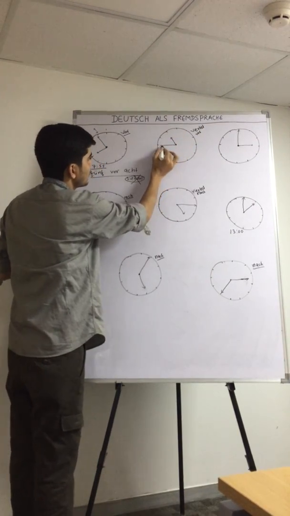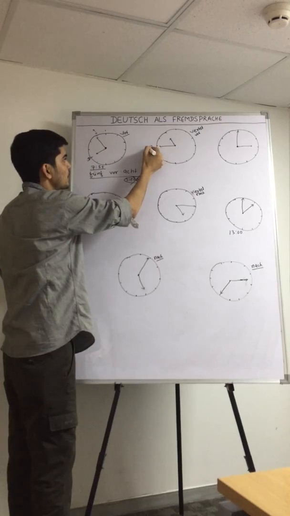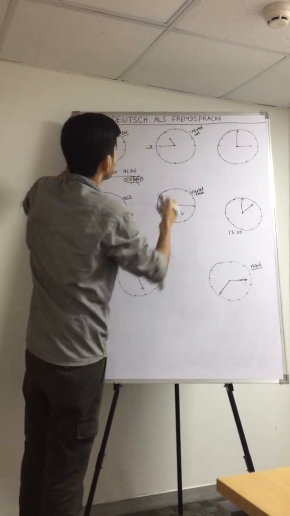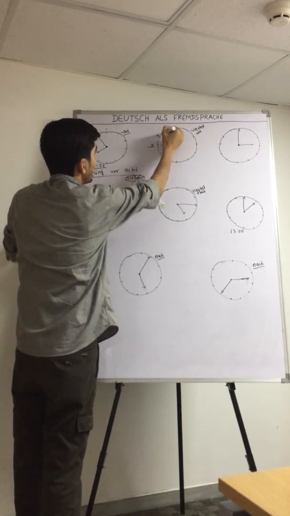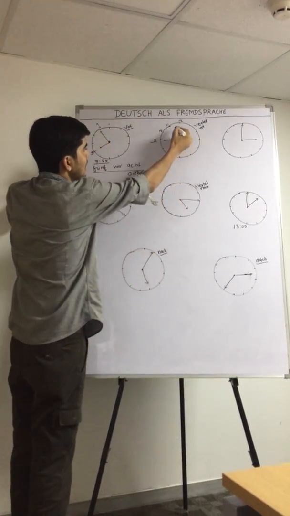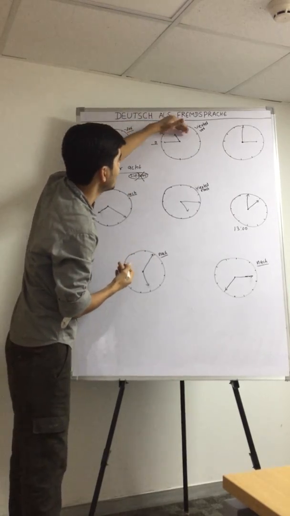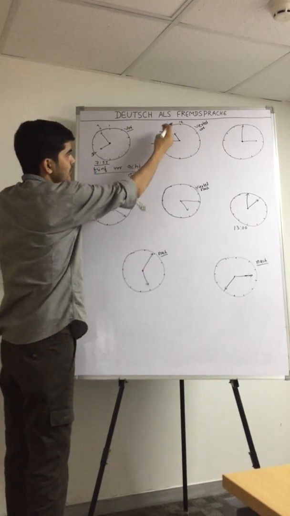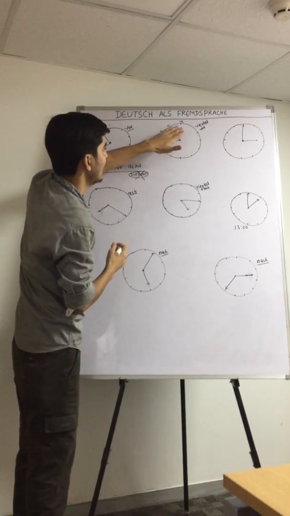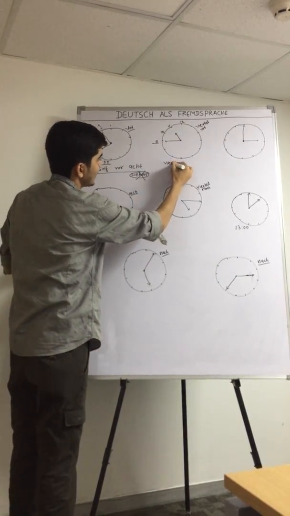Viertel. This one is 6, 7, 8, 9, 10, 11, 12. So it is 15 minutes before 11. I mean quarter before 11. Quarter is our Viertel.